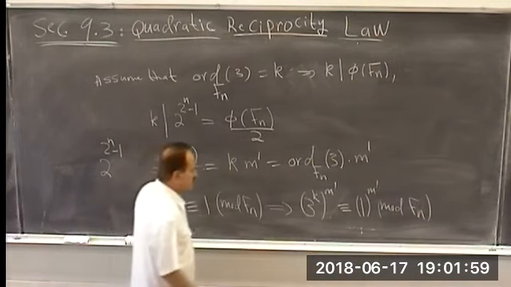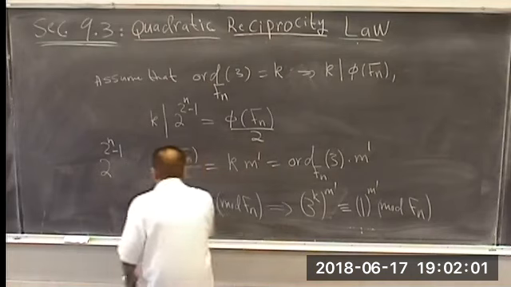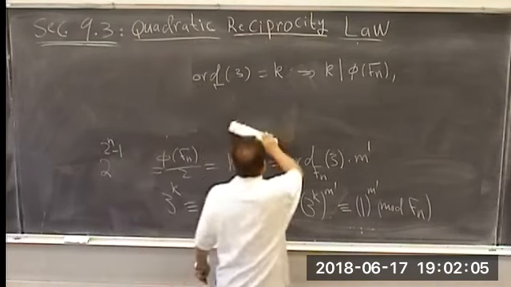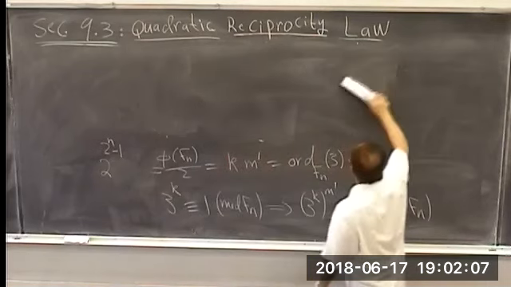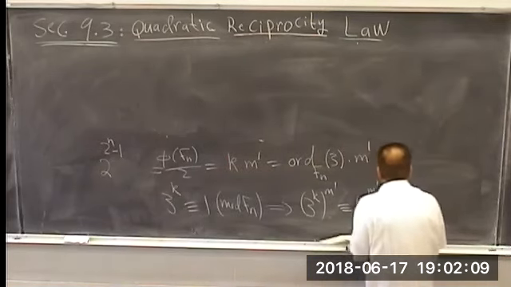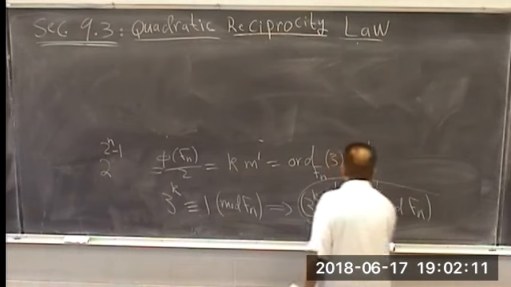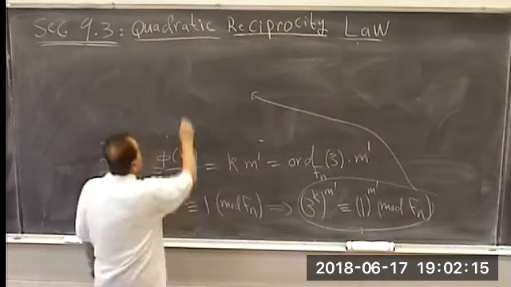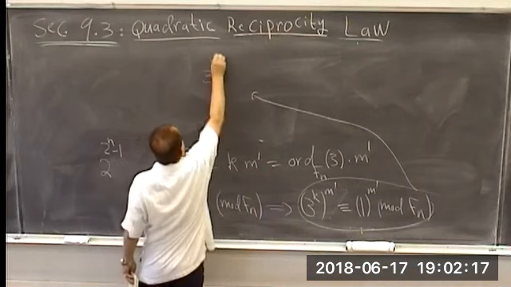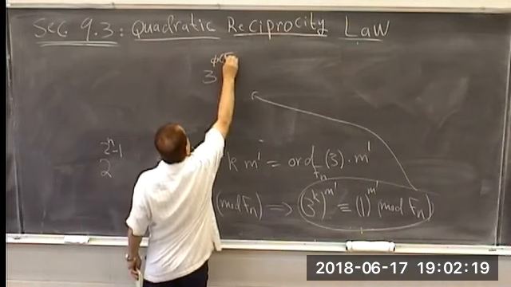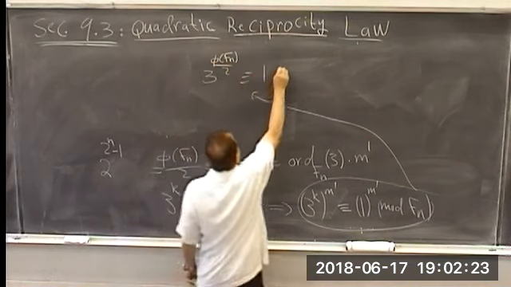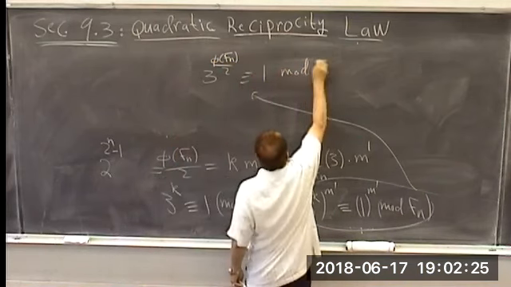But this last relation, we can write it in terms of phi of Fn over 2. So this one is 3 to the phi of Fn over 2 is congruent to 1 mod Fn.